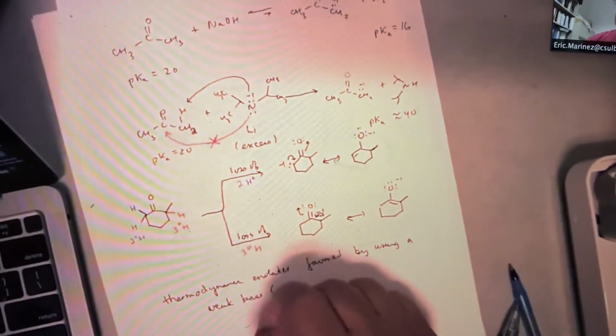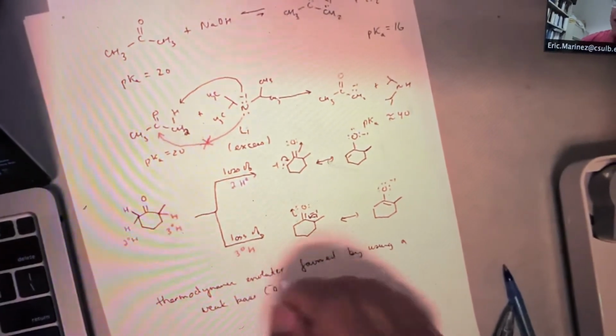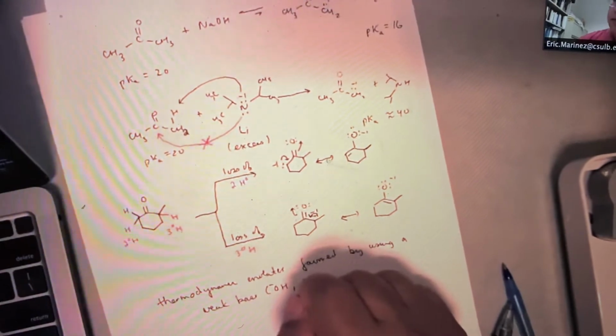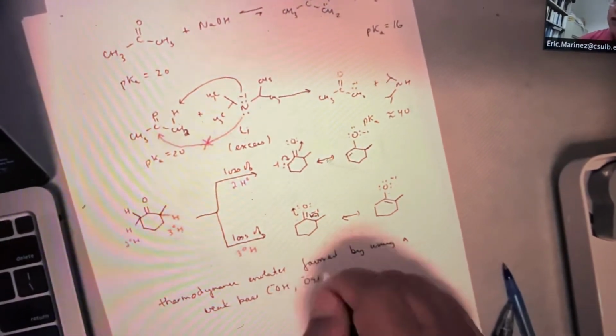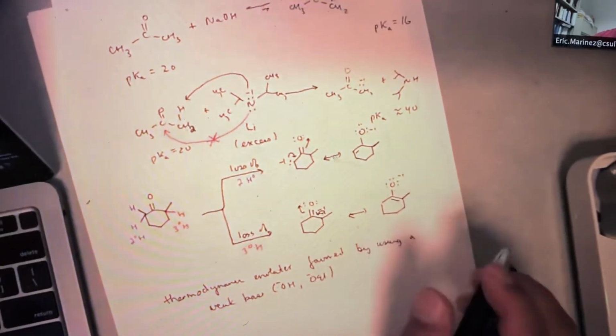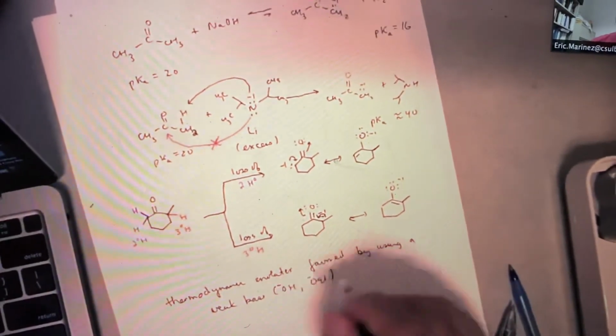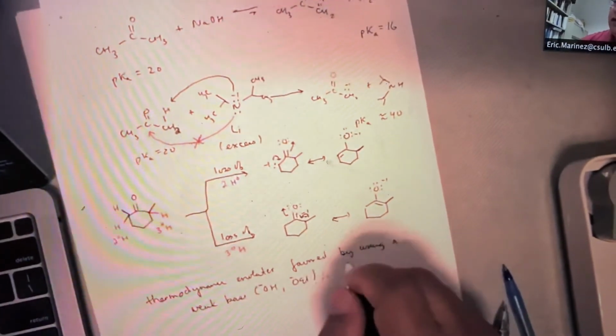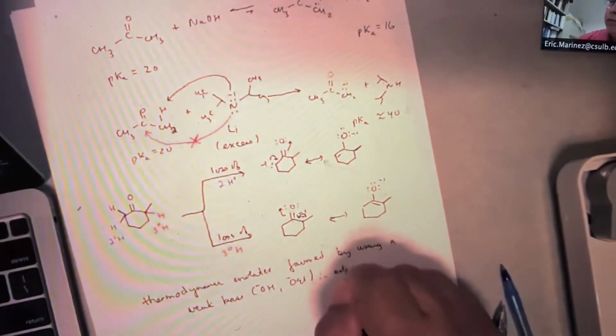And so here I'm going to put in parentheses, what are those weak bases? Often we use sodium hydroxide or sodium ethoxide. Most of the alkoxide salts are weak bases. Thermodynamic enolates are formed by using a weak base, and that establishes an equilibrium.